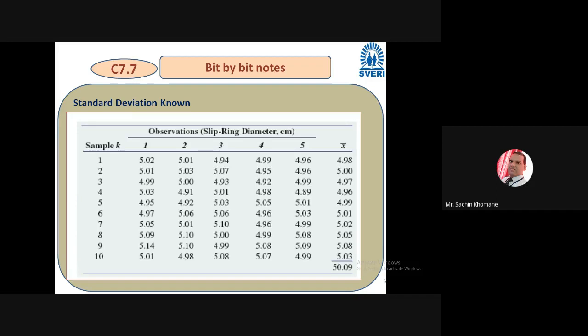Do it. Take within 2 minutes you have to write this example. So it is the given data, which you have gathered, you have collected by actual measuring, maybe with the help of Vernier caliper, maybe with the help of any of the digital devices which people are using nowadays. So write these values.